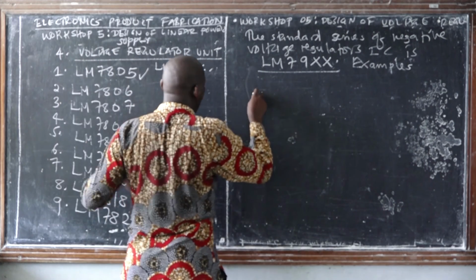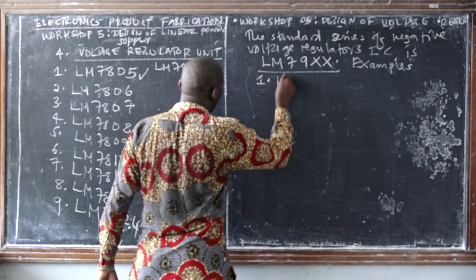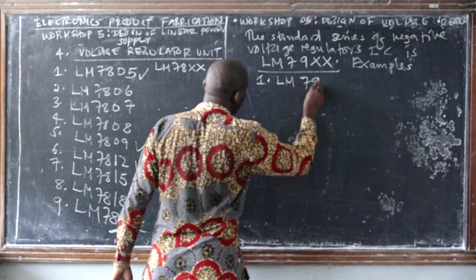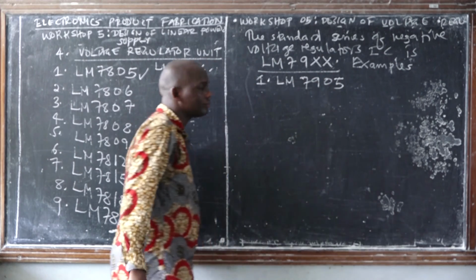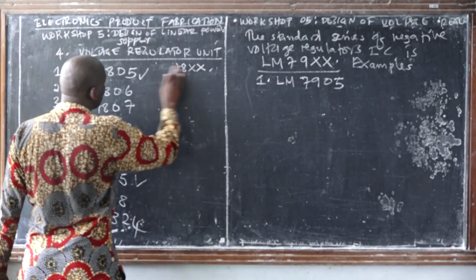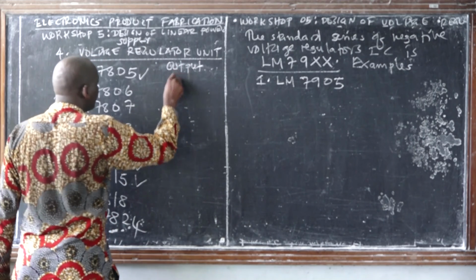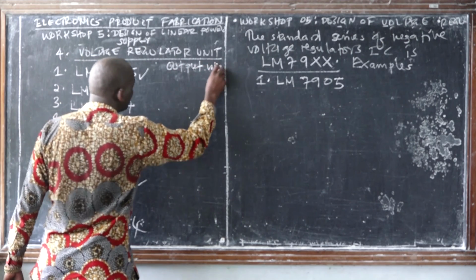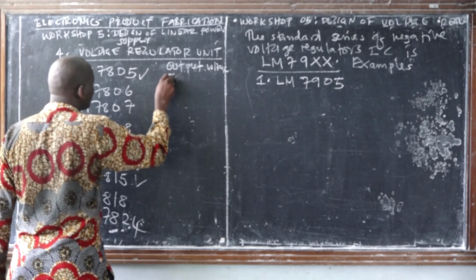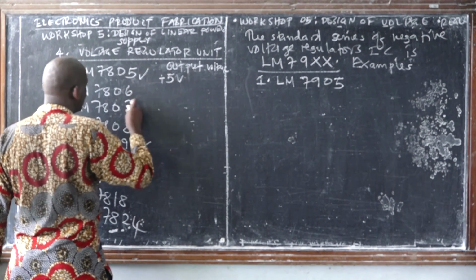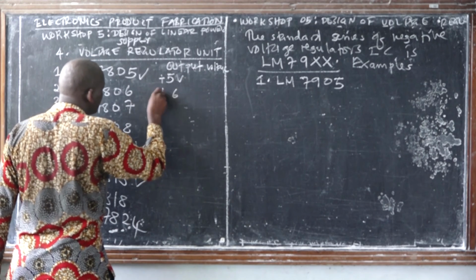So the examples are just like this. We have LM7905. When we discuss the output voltage, let me just add something. The output voltage in this case is positive 5 volt. This one positive 6 volt.